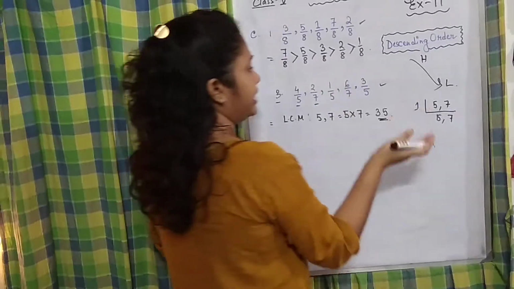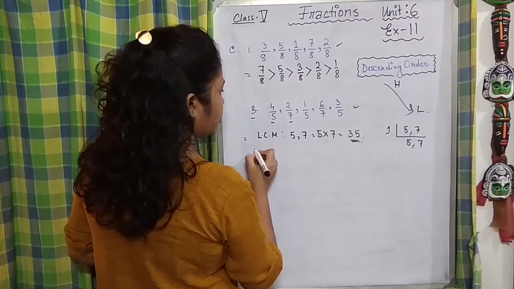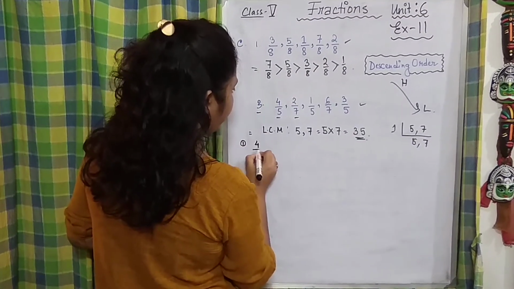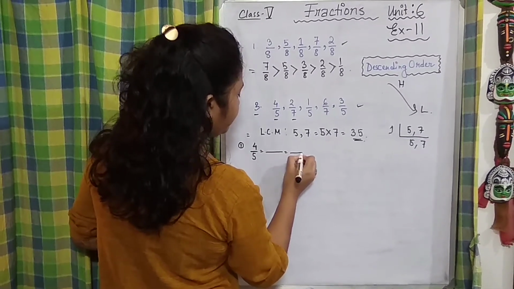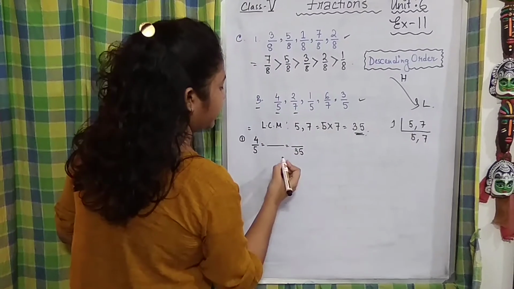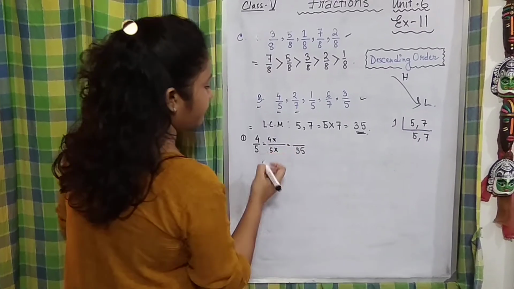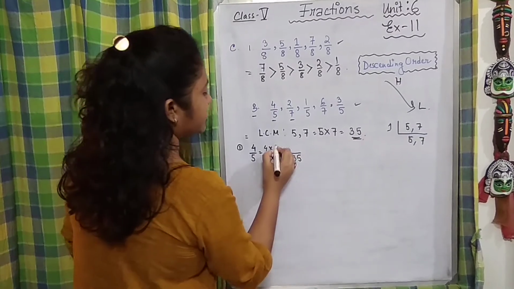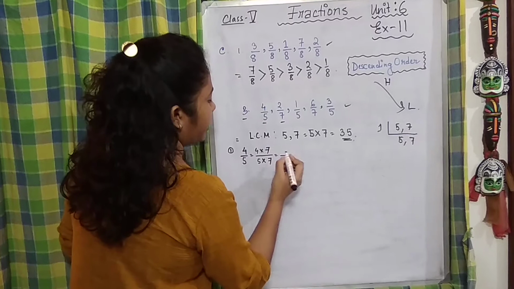Now for arranging them, we have to find out the equivalent fraction first. So when finding the equivalent fraction, first one 4 by 5. For 4 by 5, the 5 has to become 35. So to get 35, we have to multiply 5 with 7, right? 7 5s are 35. So the numerator will be multiplied with 7 as well.